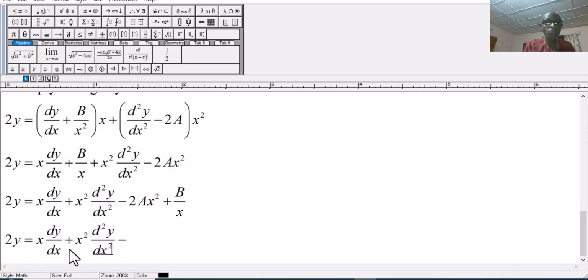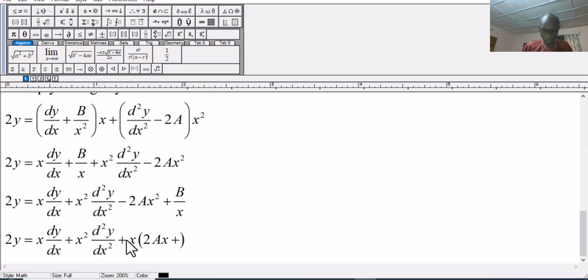Now I want you to imagine that we are factorizing x out of that equation. So we now have minus 2ax plus, let's imagine we have plus it.